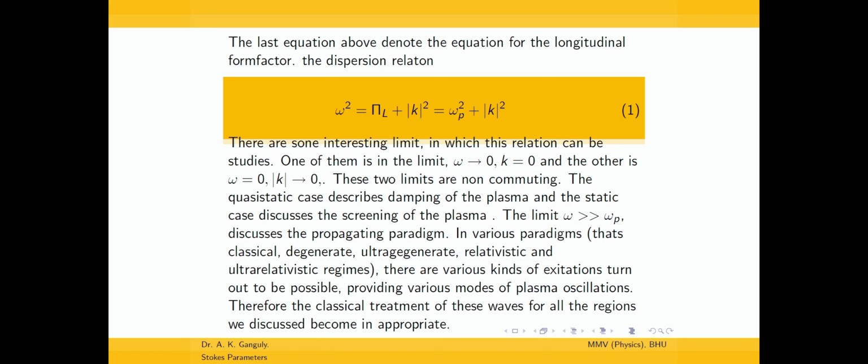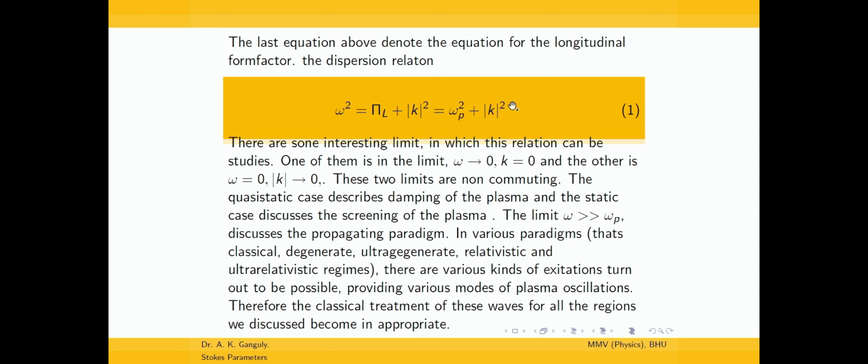But suppose the wave vector that you have considered here is non-zero, then you see that if the frequency of excitation is less than the plasma frequency, the wave vector actually picks up an imaginary piece. Why should it pick up?